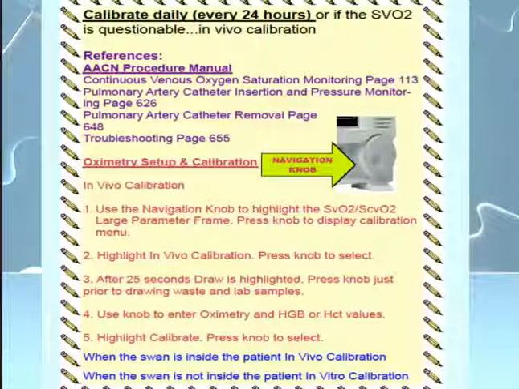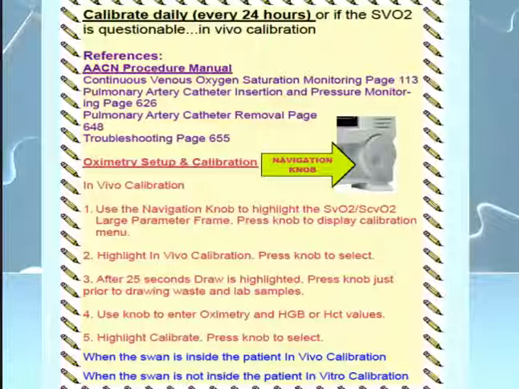After 25 seconds, draw is highlighted, then you will press the knob just prior to drawing the waste and lab samples. Then you're going to use the knob to enter what your oximetry and hemoglobin or hematocrit values were on the labs that you sent off.